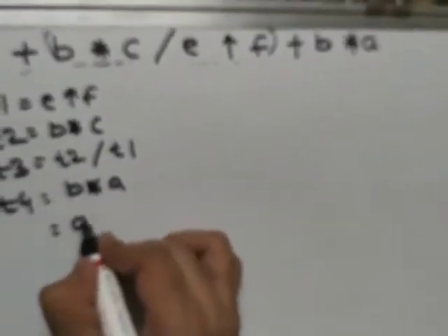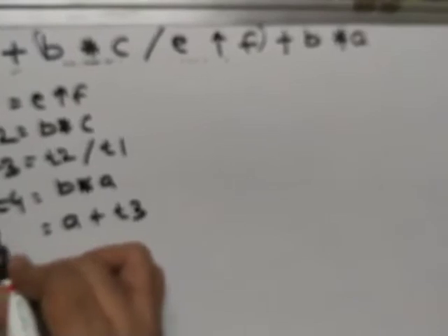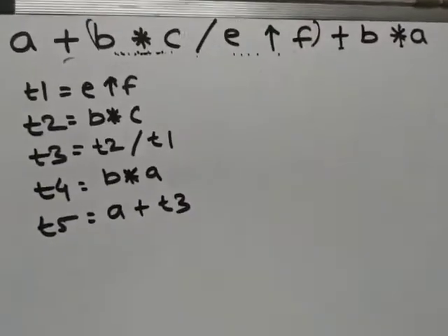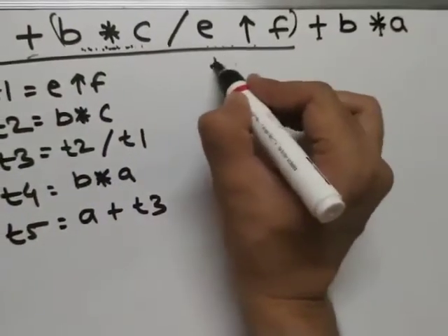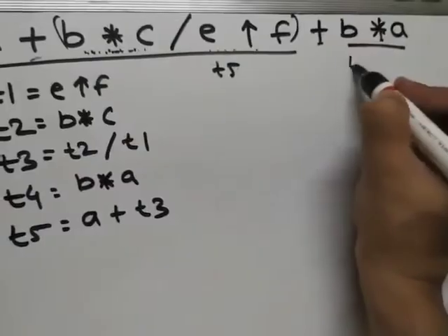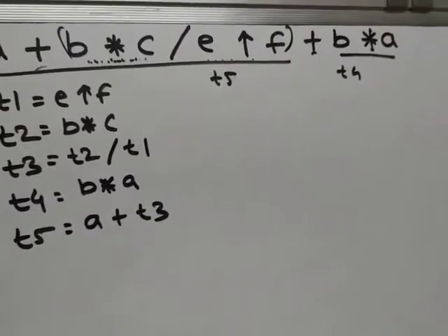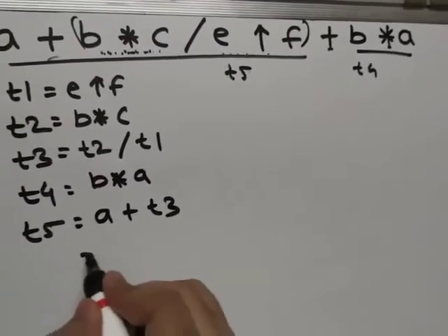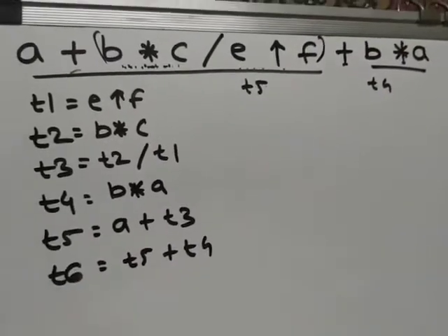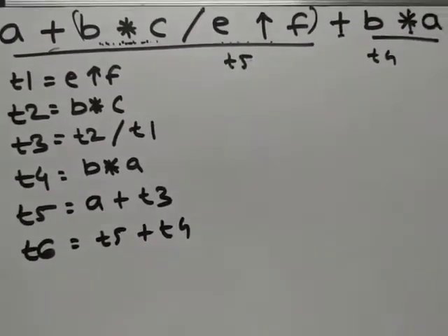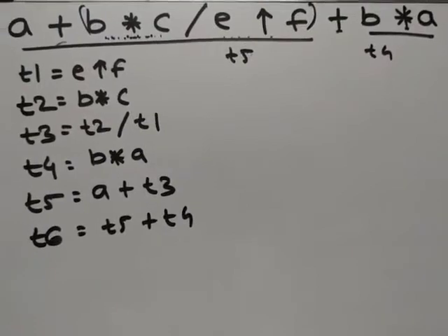So it will be a plus t3 and store it into t5. And last one, we have this entire expression as t5 and this b star a as t4. So it will be stored as t5 plus t4 and we will be storing into t6. So 3 address code for the given expression is obtained.